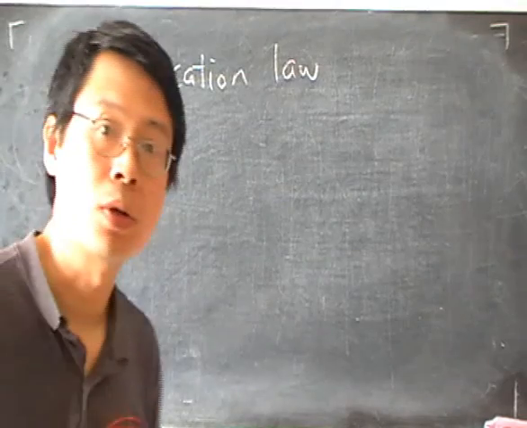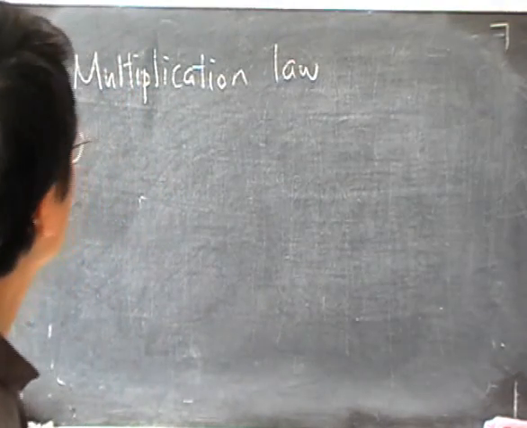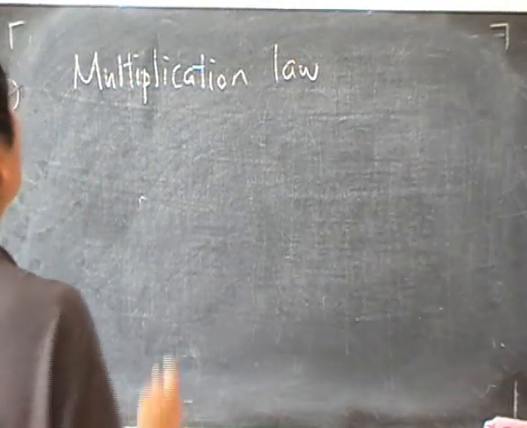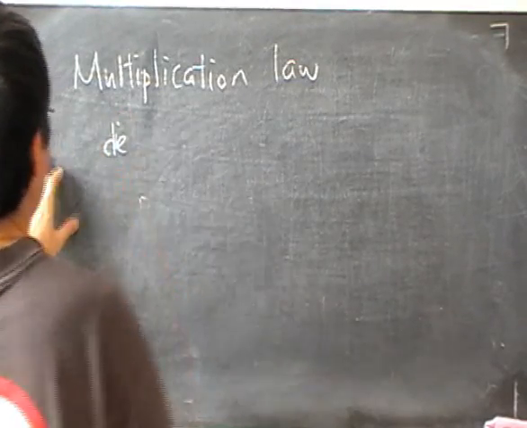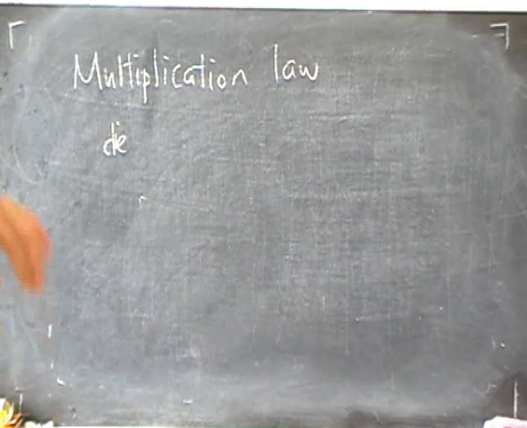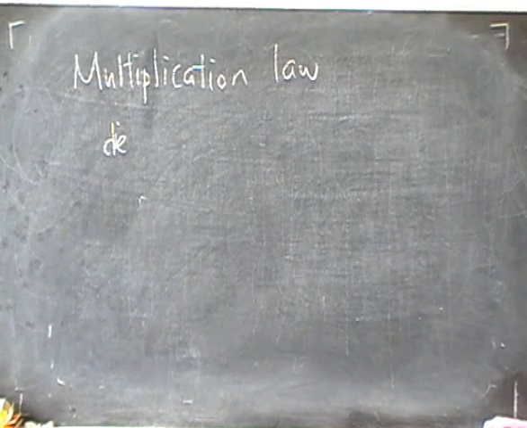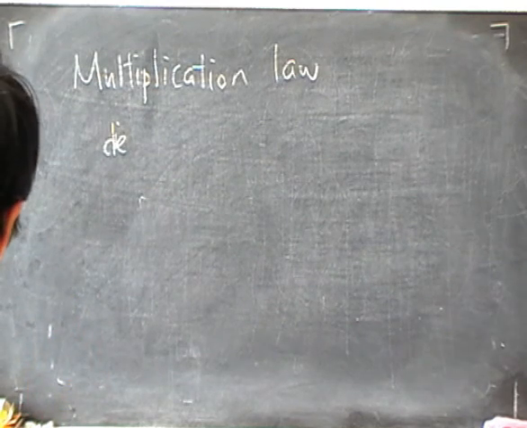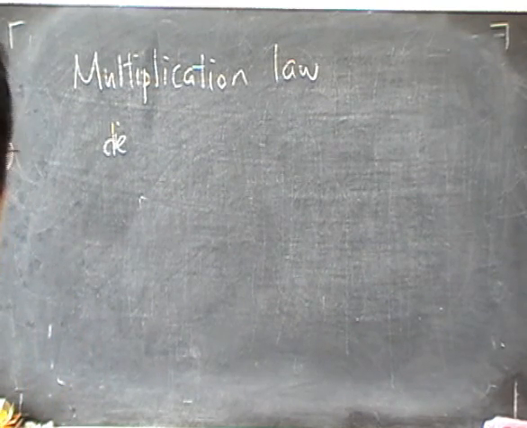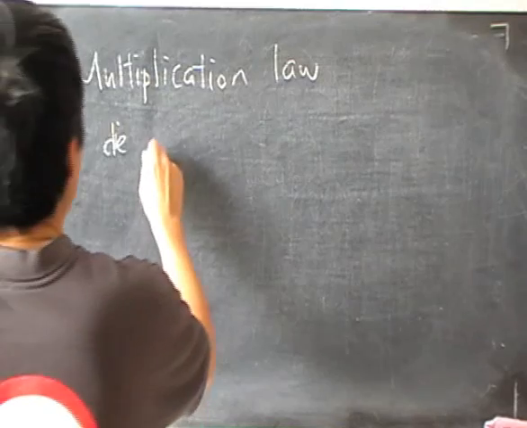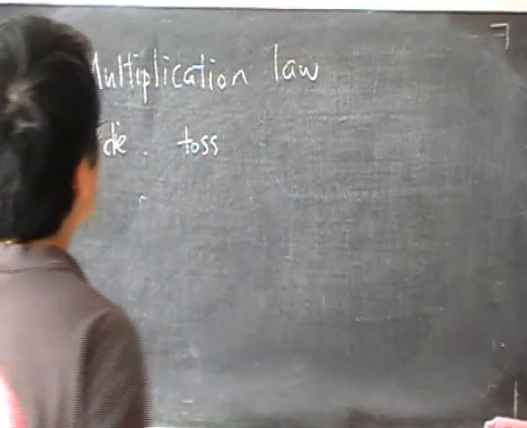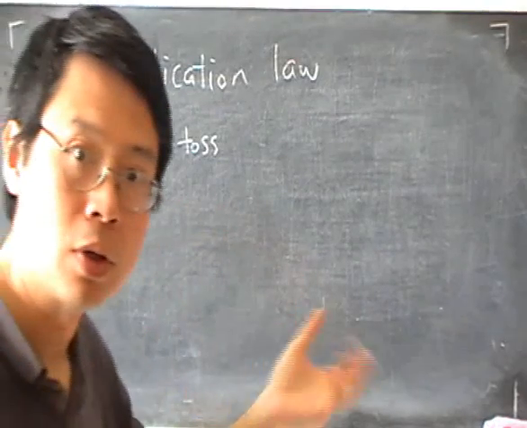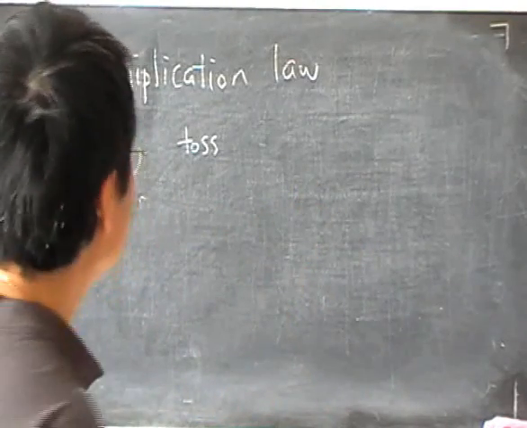Multiplication law. This is another law that is useful. Let's look at the example of a die again. What we'll do this time is that we'll toss the die, just throw it on the table.